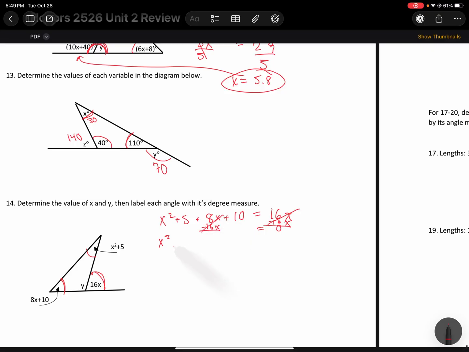So this will leave me with x squared minus 8x plus 15 equal to 0. And then we can factor. Some factors of 15 are 3 and 5, and they both have to add up to negative 8. They both must be negative since this is a negative sum with a positive product.